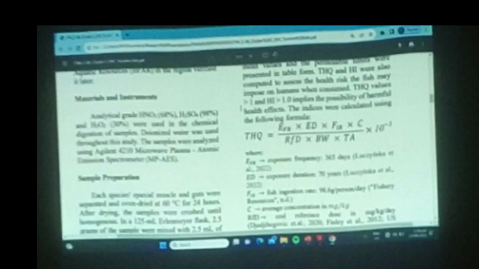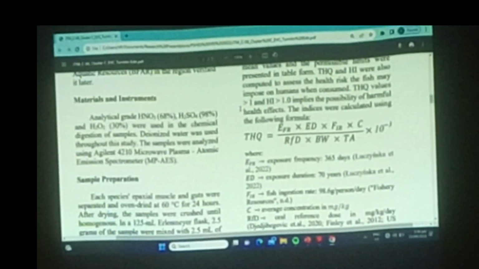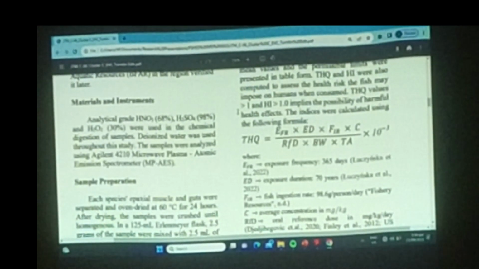Okay? Tapos sample selection, materials and instruments, even the reagents that we use, the instruments that we use, those have to be specified. Why? Because let's say I use analytical grade, but then you use something that you got from the pharmacy.